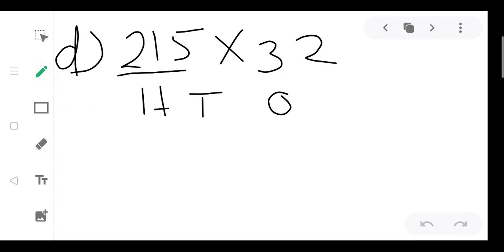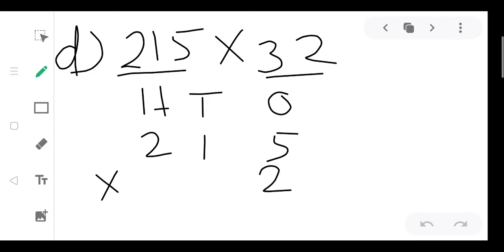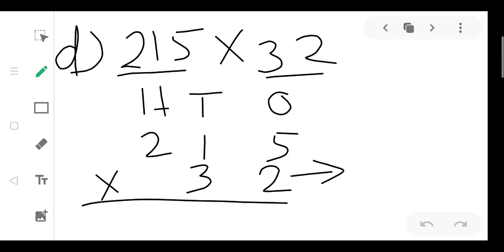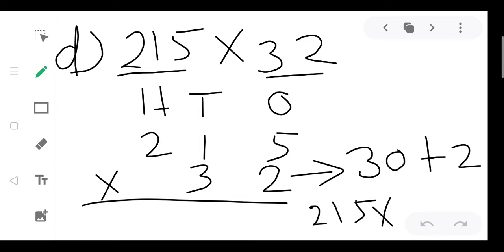And then you will start writing digits from the right side. 5, 1, 2, and under this the multiplier, and the multiplier here is 32, 2 and 3. Then you will draw the line. Write 32 in expanded form. 30 plus 2. So firstly we will multiply 215 by 2, and then we will multiply it by 30.